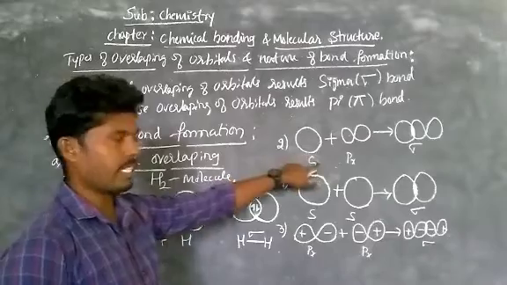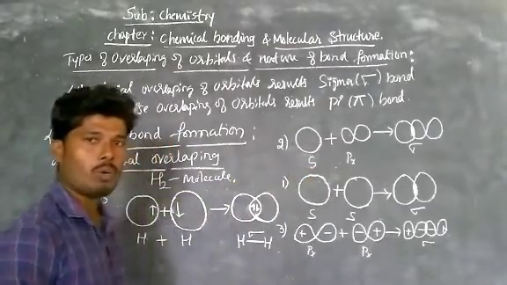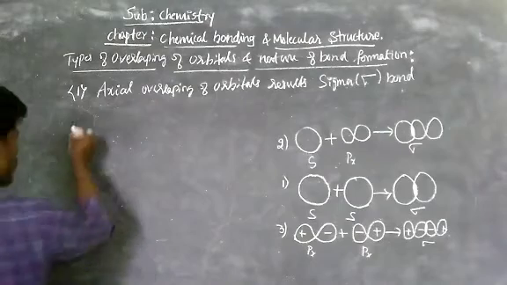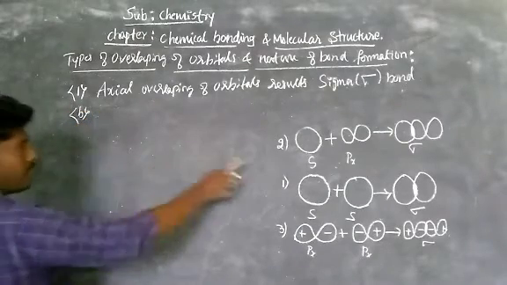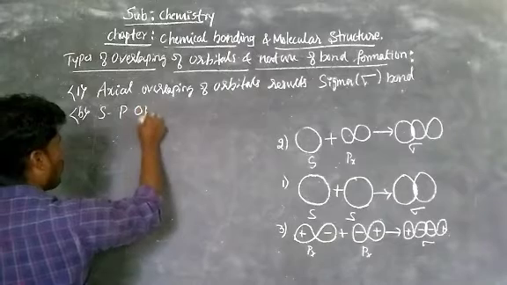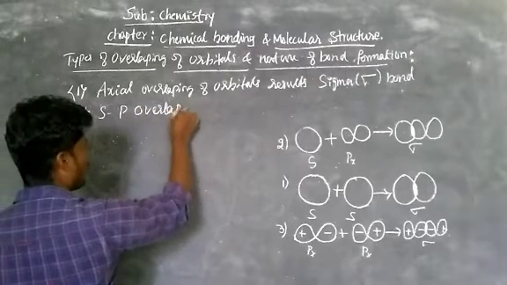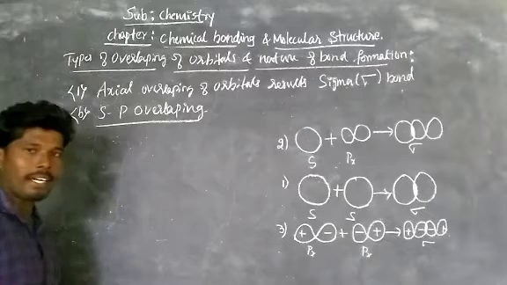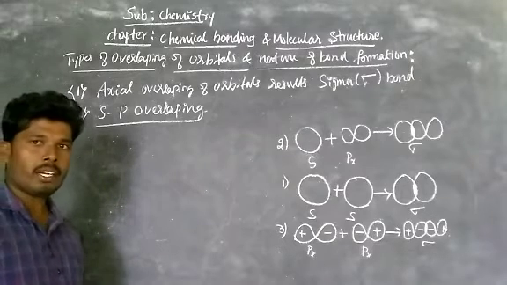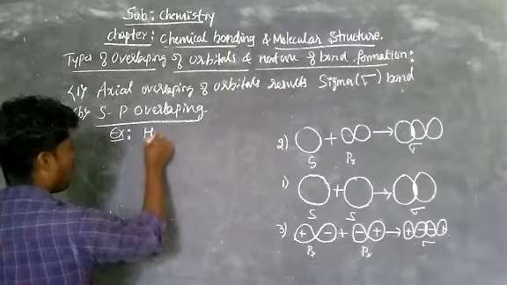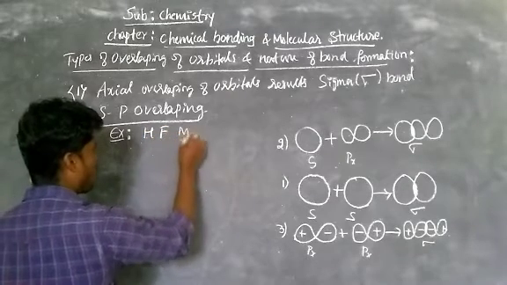Now take case 2, that is s and p orbital overlapping. S-p overlapping. To understand s-p overlapping, take the example of hydrogen fluoride molecule formation.